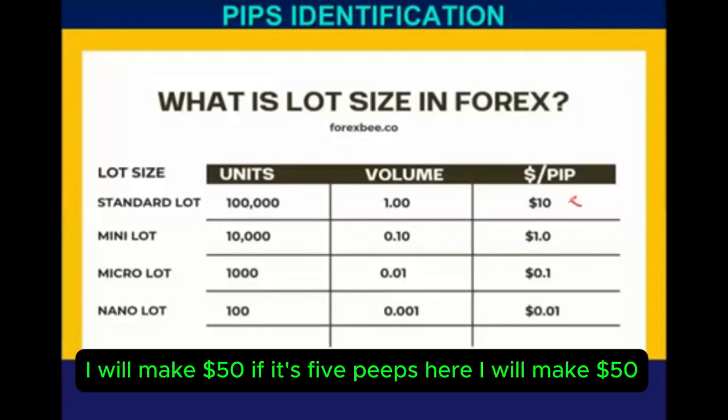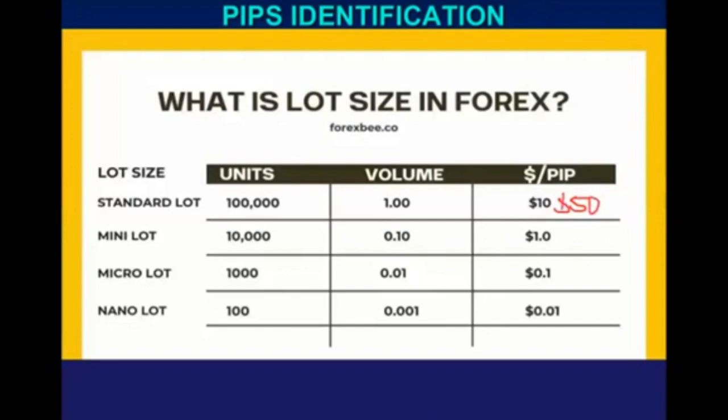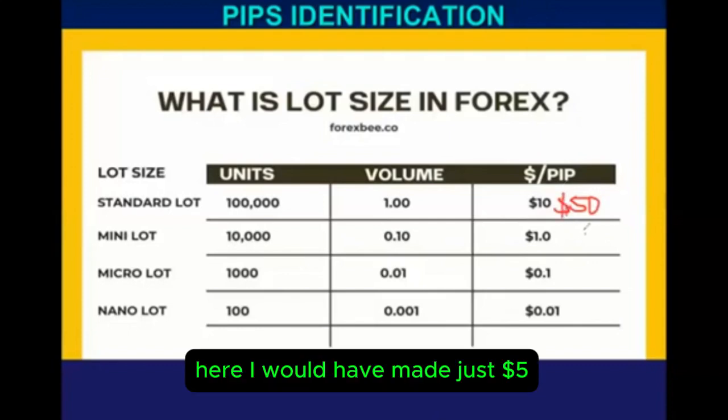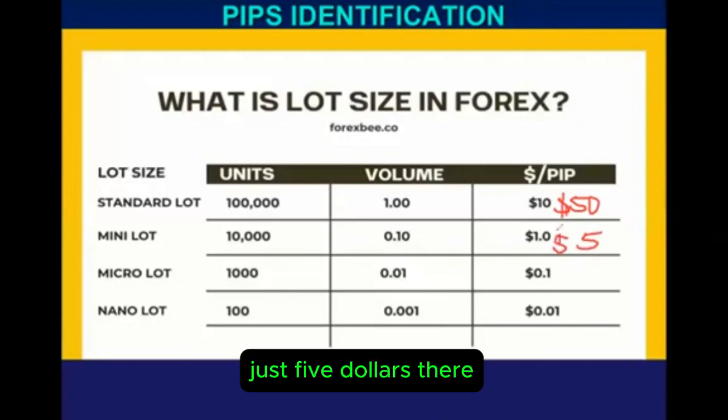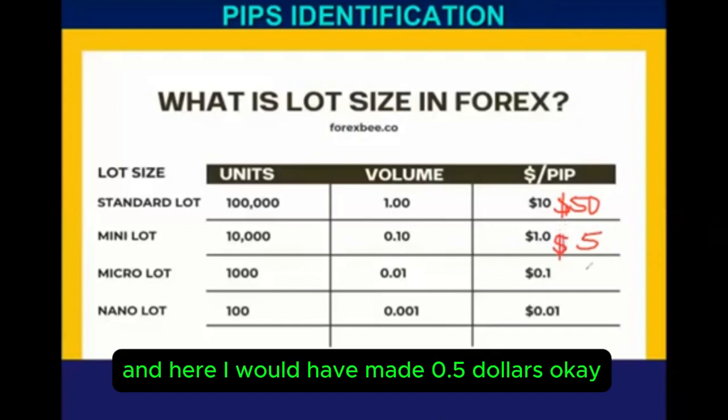Guys, I will make $50. If it's 5 pips here, I'll make $50. All right? Here, I would have made just $5. And here, I will have made $0.5.